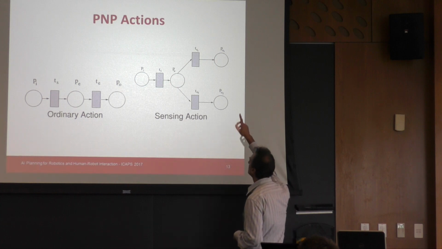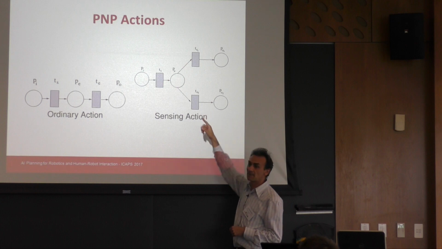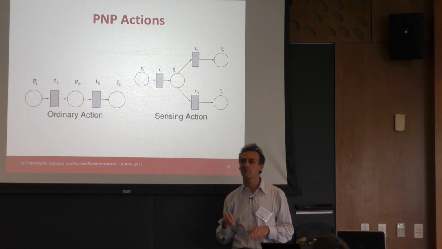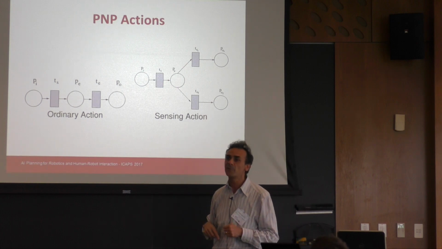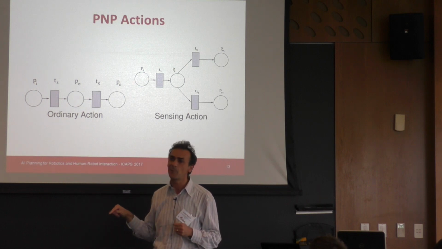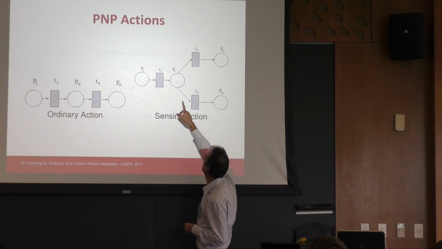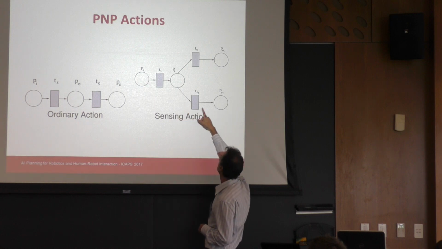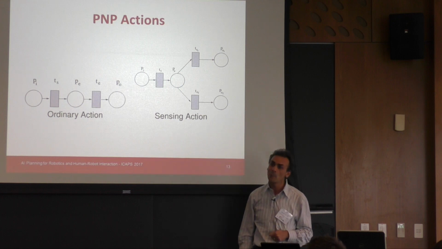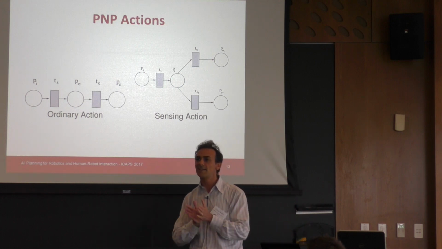So in a sensing action with mutually exclusive transitions, you execute the sensing action, and at some point one of the conditions will become true, and then only that one will fire. This means that the token will pass from the execution place to only one of the final states, and this allows us to execute branches.